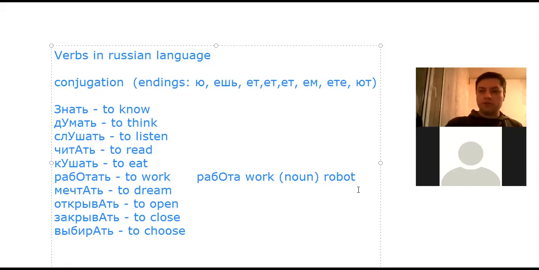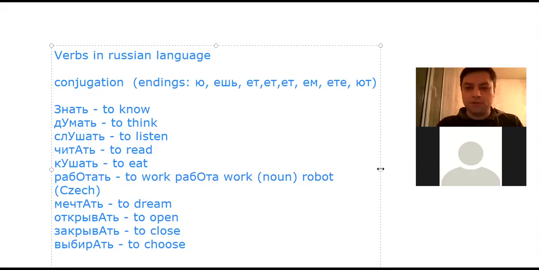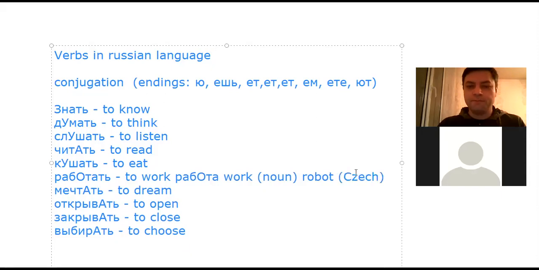However, not directly from Russian, but it went there through the Czech language. There was a writer in the Czech Republic who introduced this word, and in the Czech language, work is also работа. And then he called the machine that is doing the job a robot. And then this word became popular worldwide. But those two words are related because the Russian and Czech languages are related.